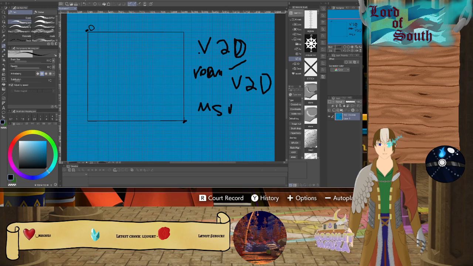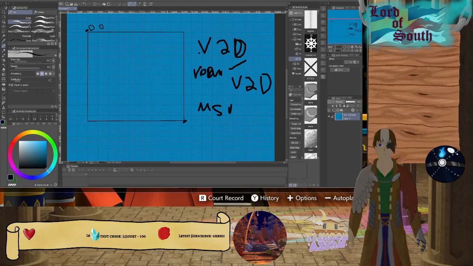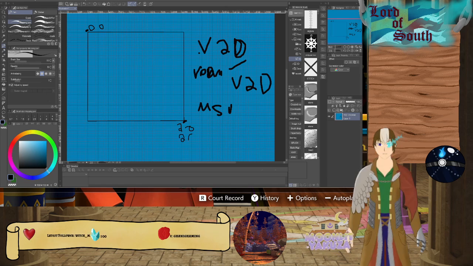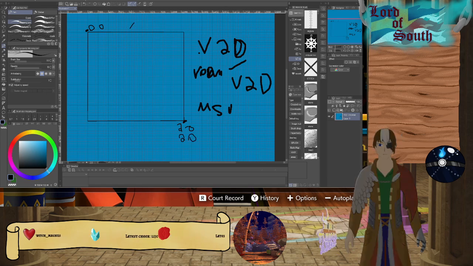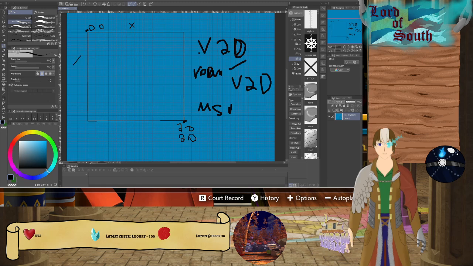So we have basically 0, 0 to, where am I? 20, 20. Because basically it is a 20 by 20 square. So each room does whatever it needs. For example, for the first time I cut the room, I get 2 rooms.